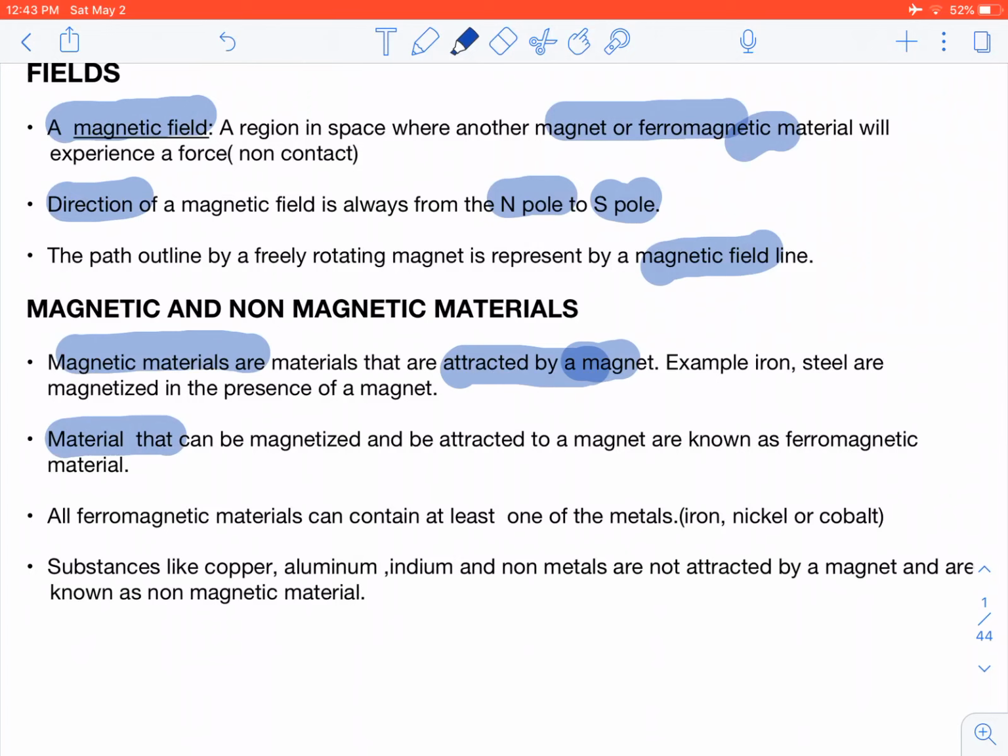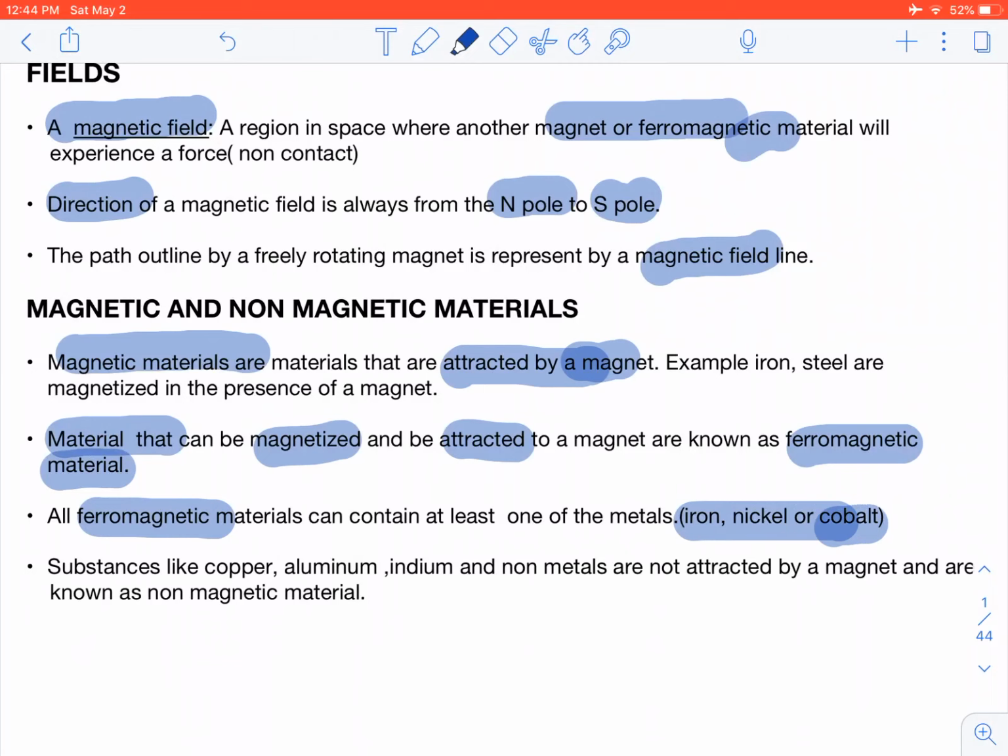Materials that can be magnetized and attracted by a magnet are known as ferromagnetic materials. So a ferromagnetic material can contain at least one of these metals, right? Iron, nickel, and cobalt. It's useful to look at their position in the periodic table and see where they're situated.